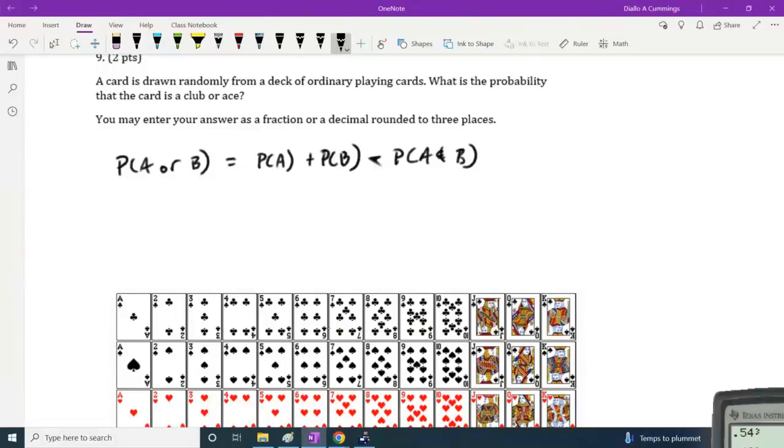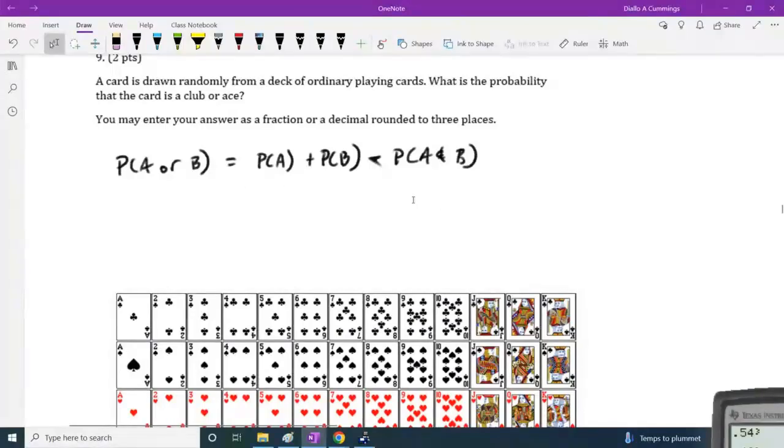The reason why we didn't use this formula with the previous problem dealing with the pencils is because those were mutually exclusive. The pencils had to either be orange or red. There were no red, orange pencils. For this problem, it's a little bit different because there's some overlap, and we have to subtract out that overlap.